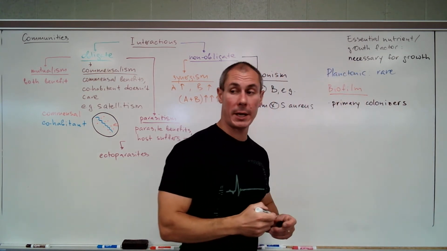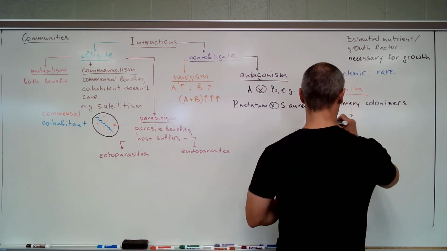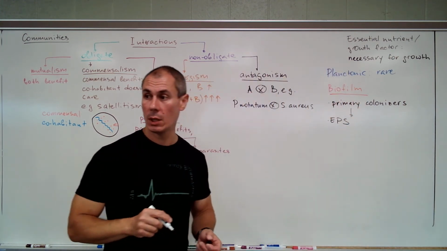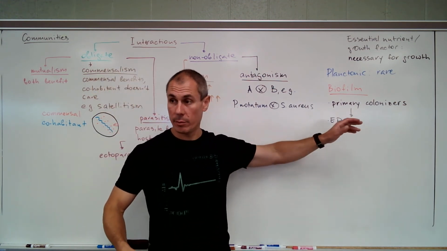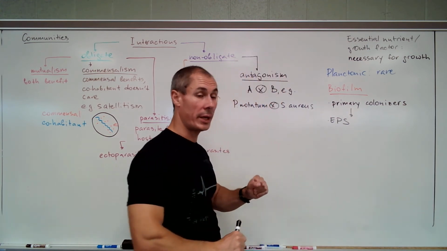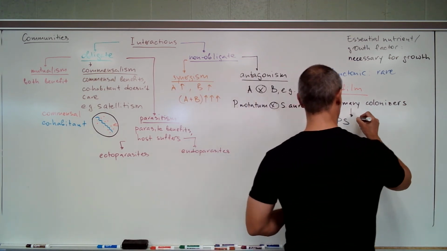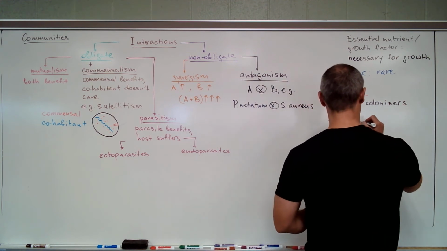These primary colonizers stick to the surface and start producing extracellular polymeric substances, EPS. What this acronym actually means is in the notes, so you can look it up. It's right there in the notes. But extracellular polymeric substances are usually kind of gooey carbohydrates, okay?